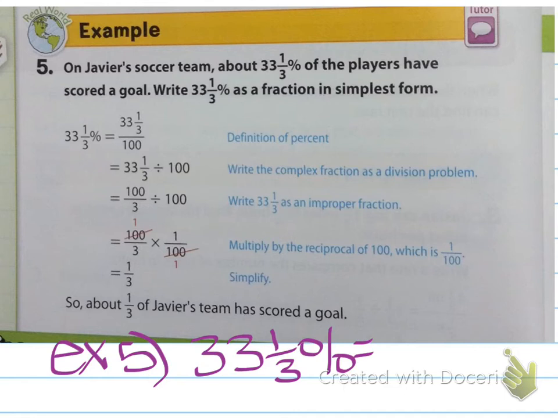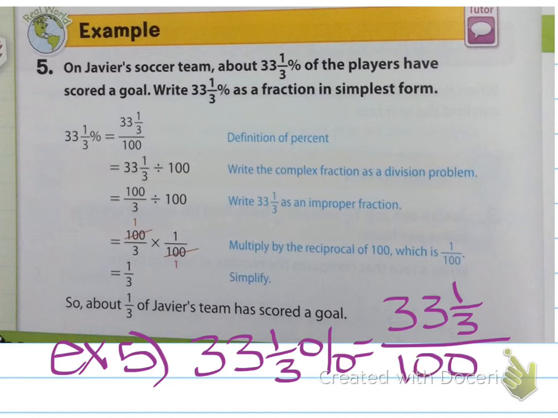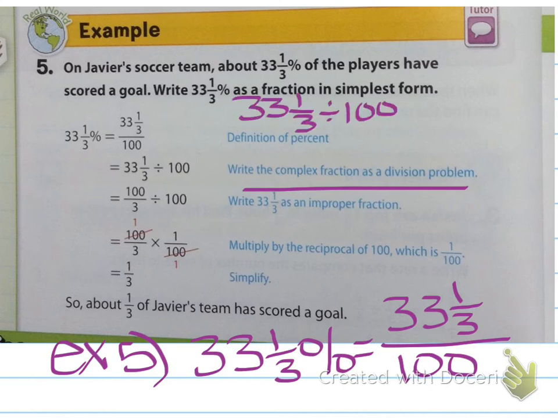Now, we've talked about what percent means, so this is the same as writing 33 1/3 per, which is the line, cent, which is 100. So writing it as a fraction is just simply writing it over 100. Now we have to set it up as a division problem, so that's going to be 33 1/3 divided by 100.